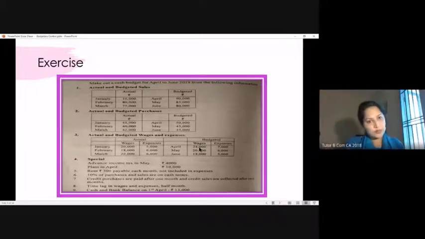The first 11,000 will be paid in the month of March itself, right? But the other 11,000 is taken to the month of April. So in April, the total payment will be 12,000 of April and 11,000 coming up from the second half of March. So that will come to 23,000.